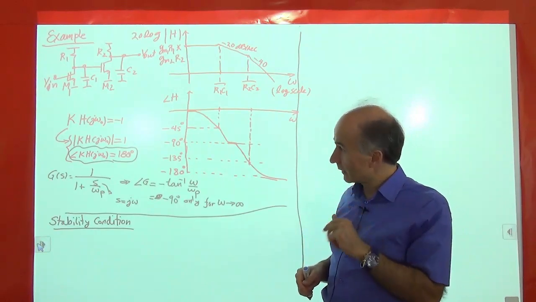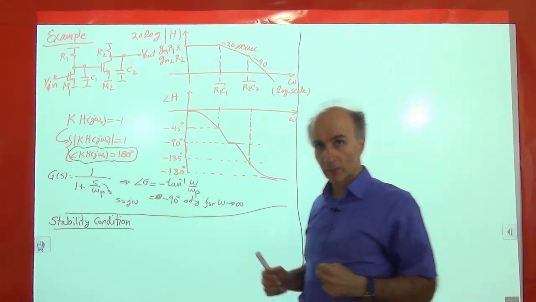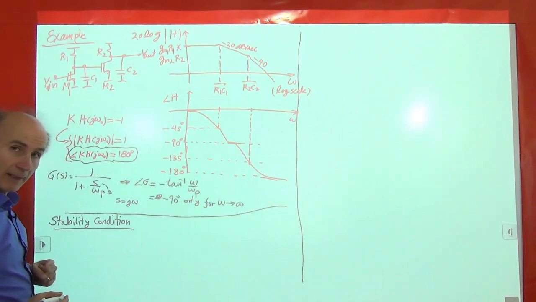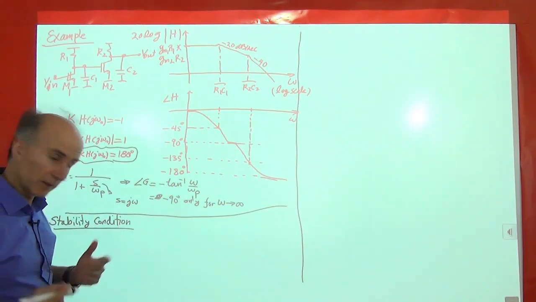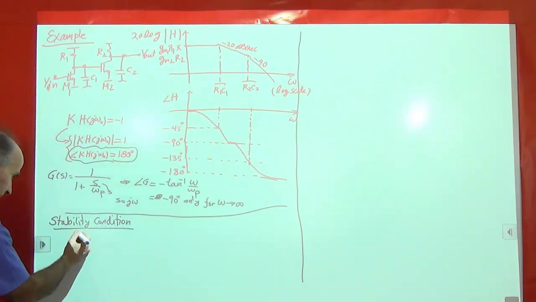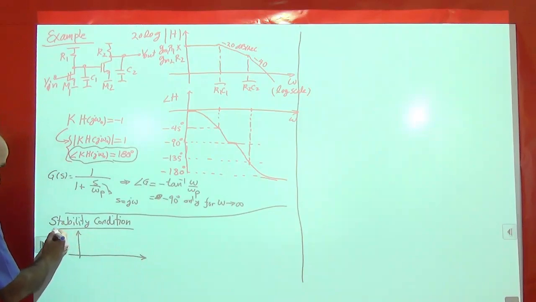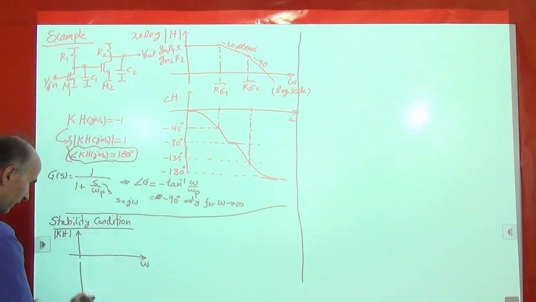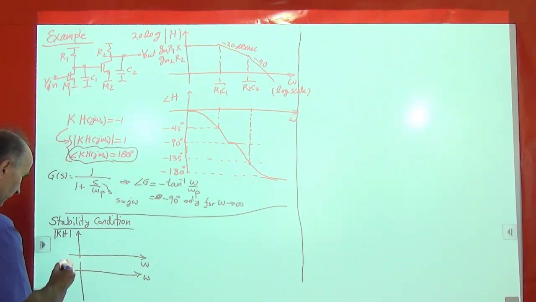But let's look at this again more closely, just so that we're comfortable with the idea. I want to show you 3 different scenarios, and then we decide which one is the condition that we need. So here we go. I will plot the magnitude of KH as a function of frequency and the phase of KH as a function of frequency.